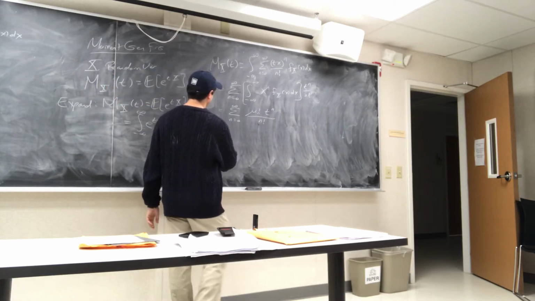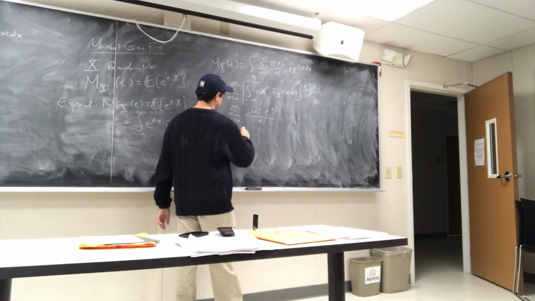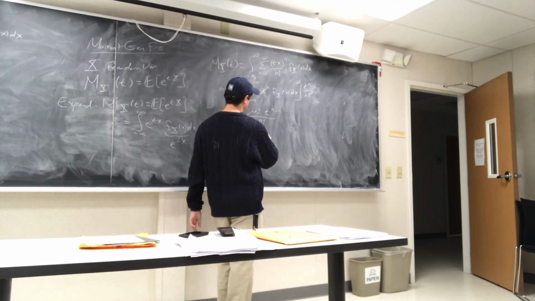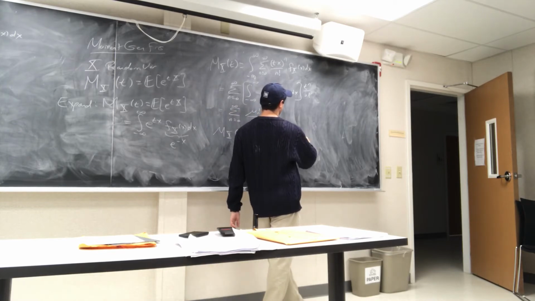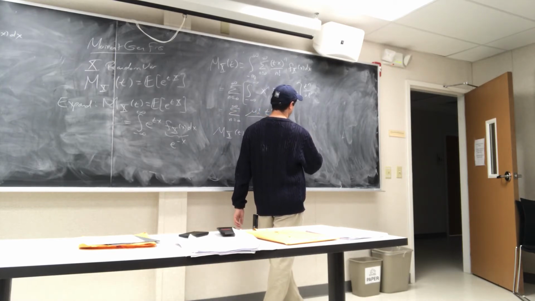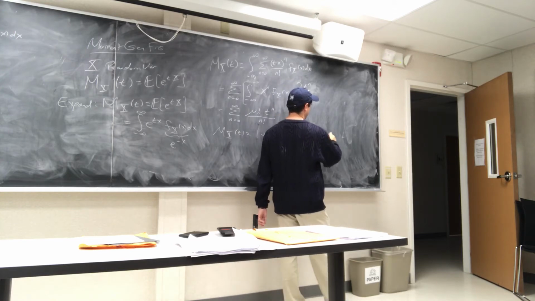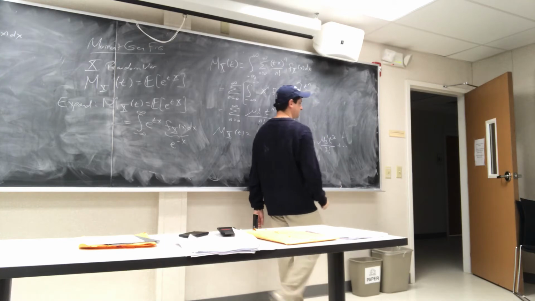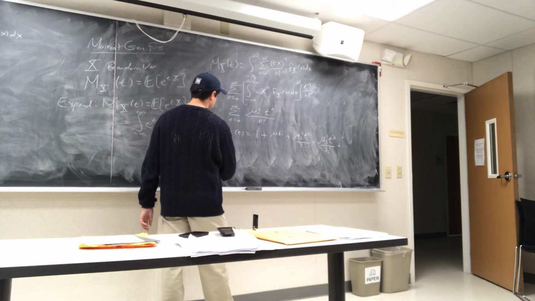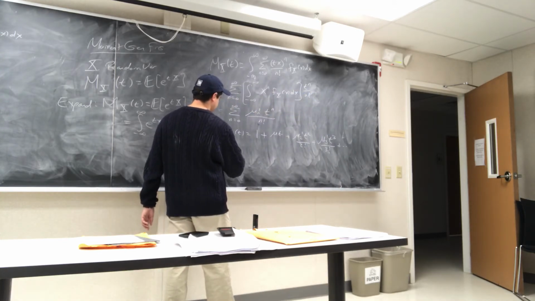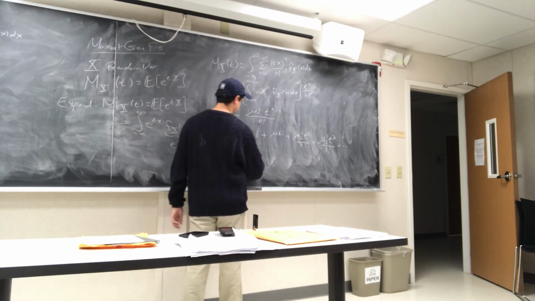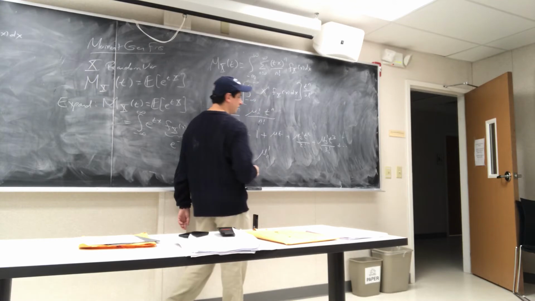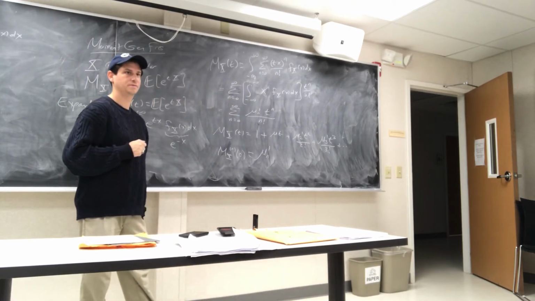So now we get the moment generating function M_X(t), I'm just going to write it out really explicitly, is 1 plus mu t plus mu_2' t squared over 2 factorial plus mu_3' t cubed over 3 factorial. So if you take the nth derivative and set t equal to 0, you will get the nth uncentered moment.